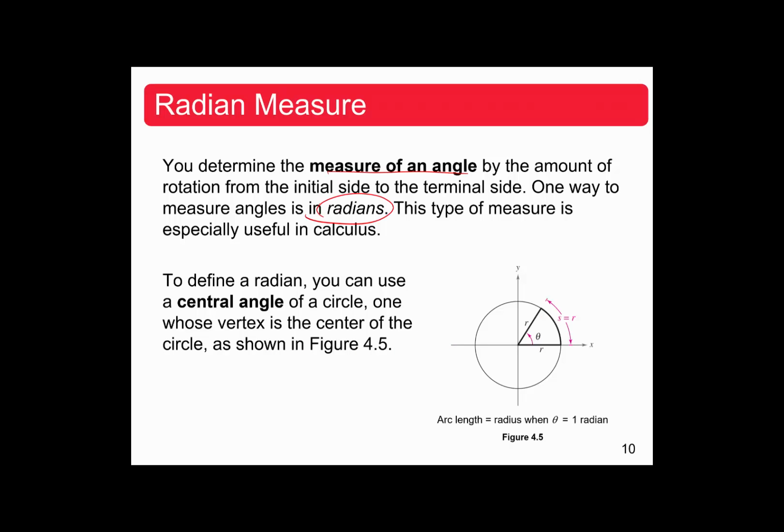For radian measurement, you use the central angle theta, and you measure the arc length. This particular part is called the arc length. Arc length is formed by the angle and the radius, so arc length S equals R times theta, and theta must be expressed in radian form.